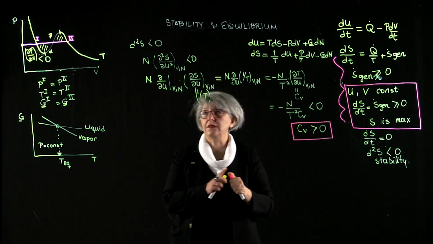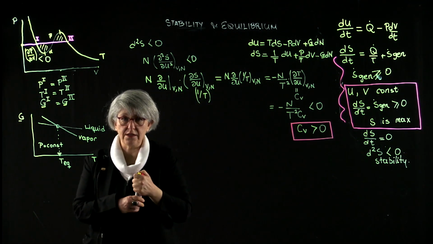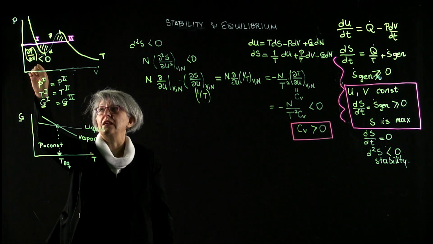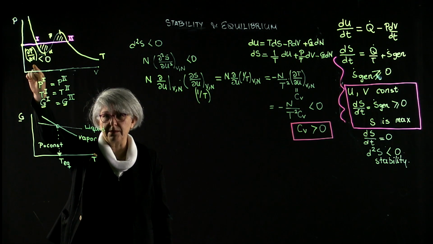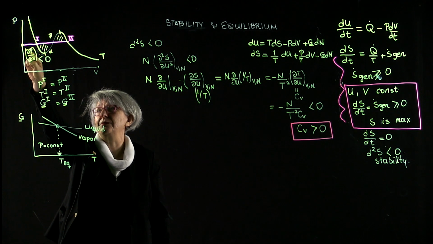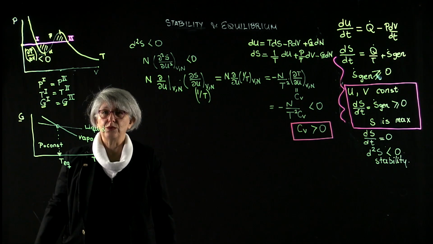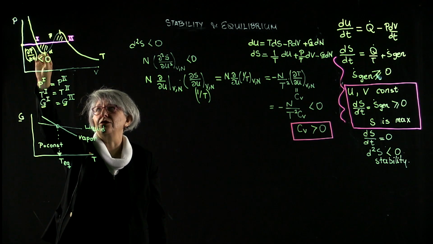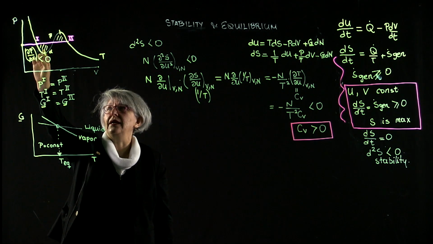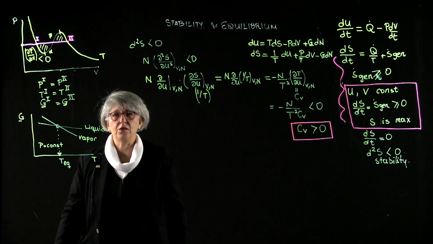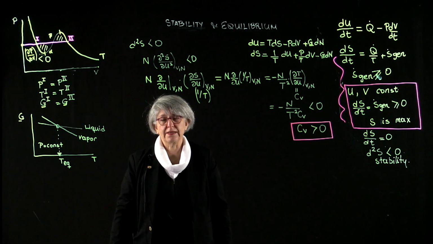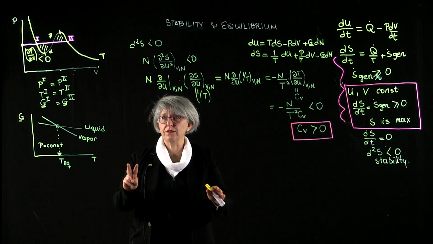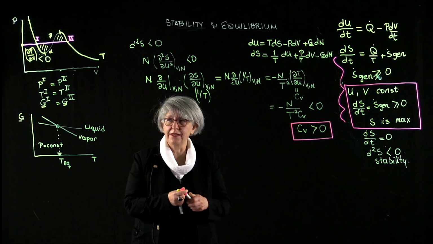The other stability condition requires a little bit more algebra. Just take my word for it. The other stability criterion is del P over del V is going to be less than 0. When it is 0, it's the boundary. And if it is greater than 0, our fluid state is not stable. So we have two stability criteria.